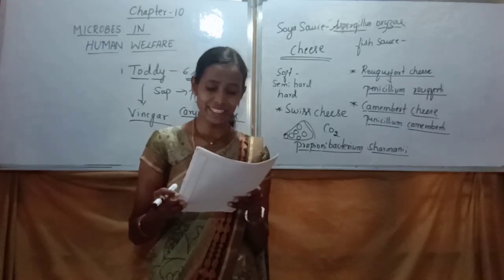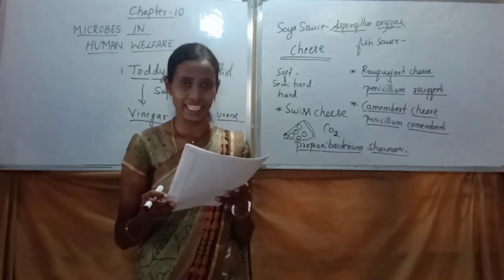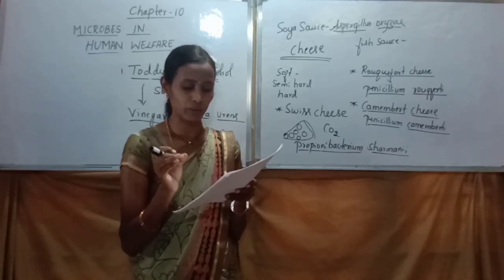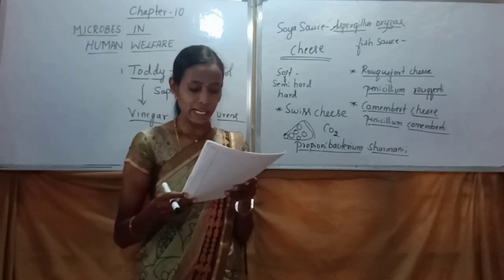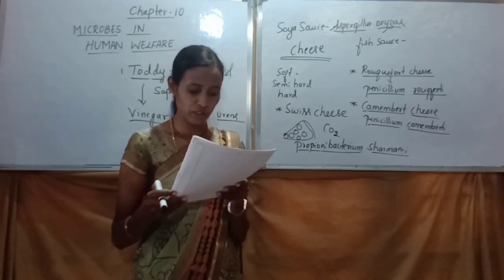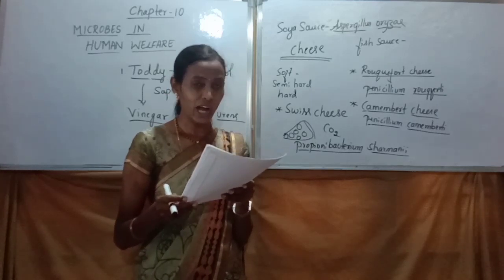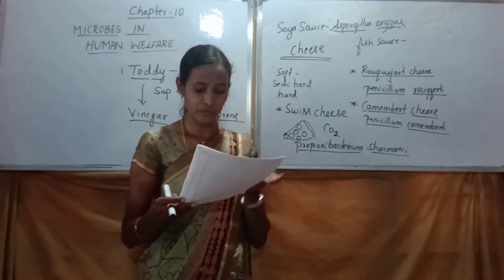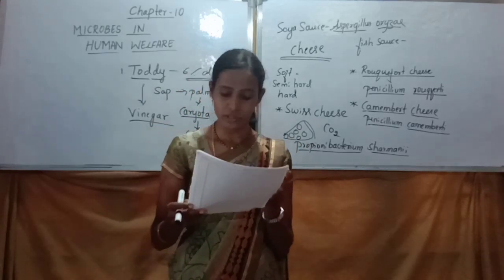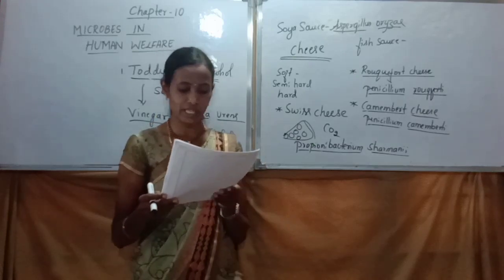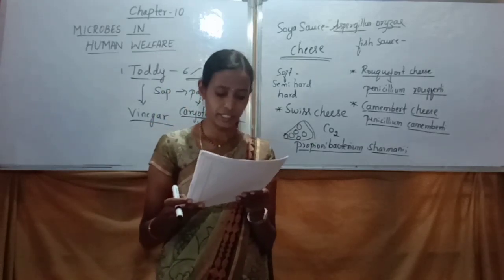Then, the fermenting agent of dosa and idli is: option A, Saccharomyces cerevisiae; option B, Leuconostoc mesenteroides; option C, Streptococcus faecalis; option D, both A and C. You know that the bacterium Streptococcus faecalis as well as Saccharomyces cerevisiae, baker's yeast, are both involved in the fermentation of dosa and idli. So your option D.